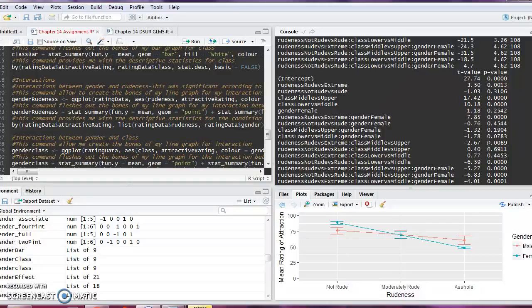But however, if it was significant, then we would be saying the opposite. We would say that gender differences do exist when it comes to ratings of attractiveness for participants who went on dates with lower class to middle class individuals.